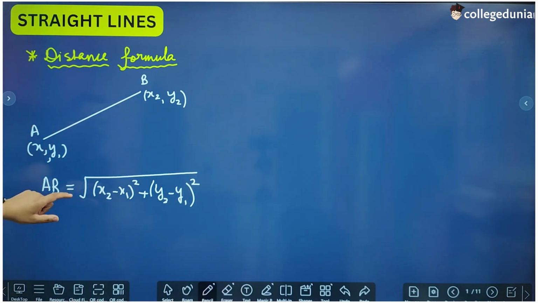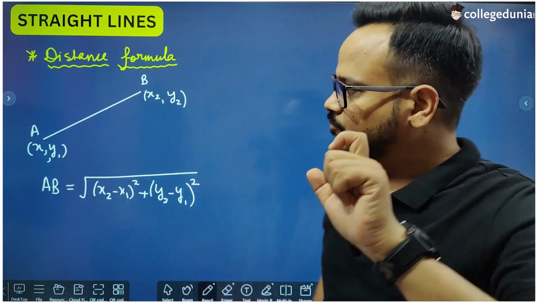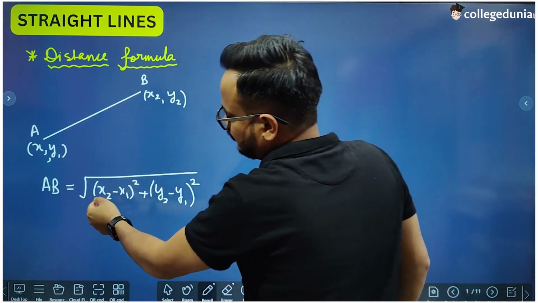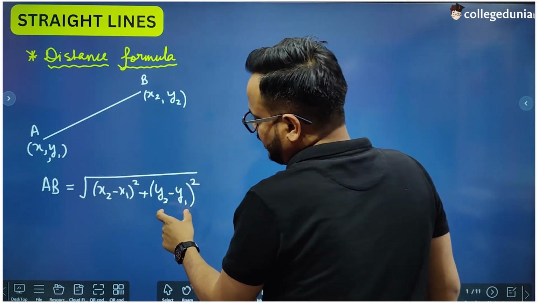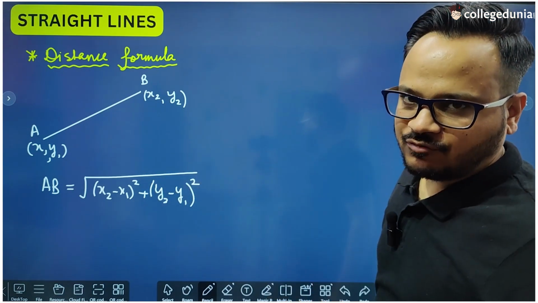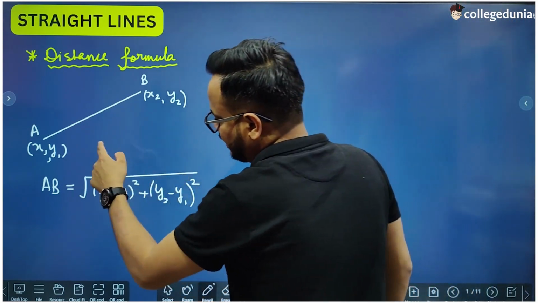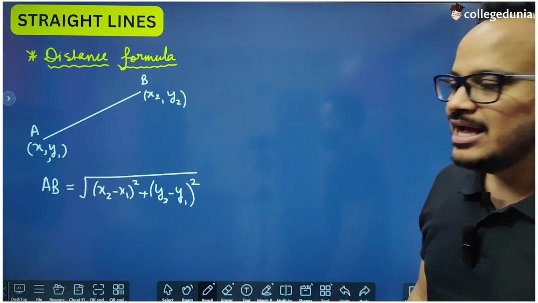You just have to subtract the x coordinates of the 2 points and take the square of that value, and subtract the y coordinate of one from the other and take the square of that also, and add those two and take the square root of the entire sum. That will be the distance between A and B.